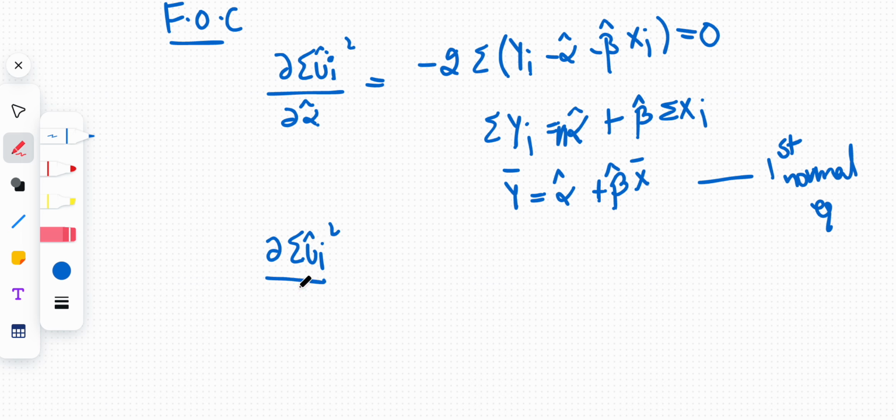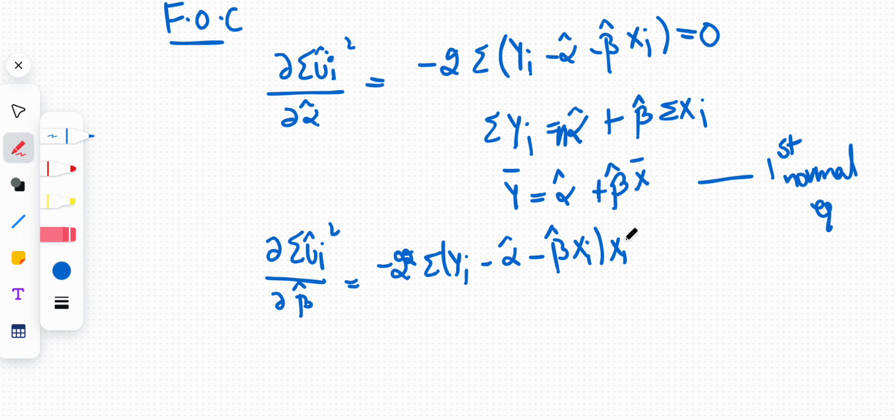Now I'll go to the second point, which is the derivative of summation ui cap square with respect to beta cap. This will become minus 2 summation yi minus alpha cap minus beta cap xi into xi is equal to 0.